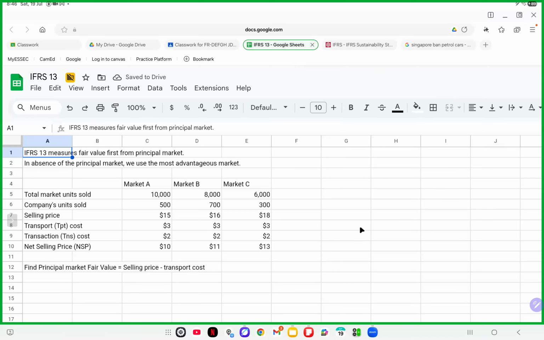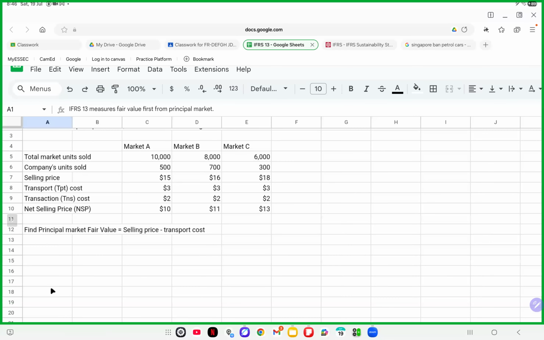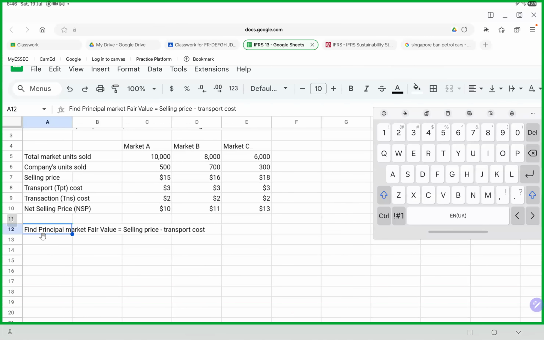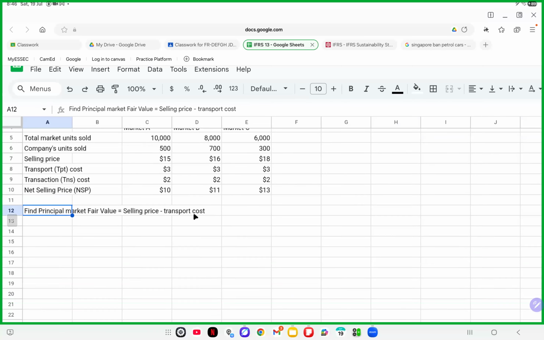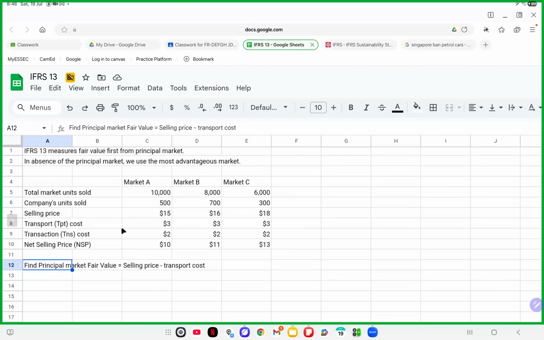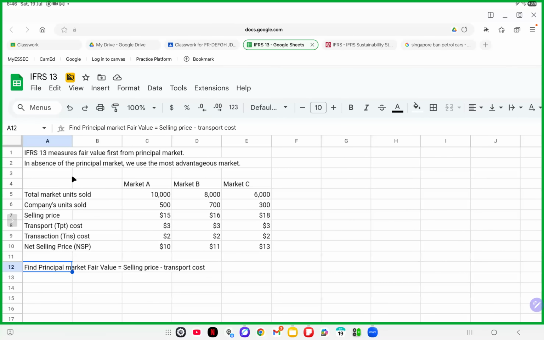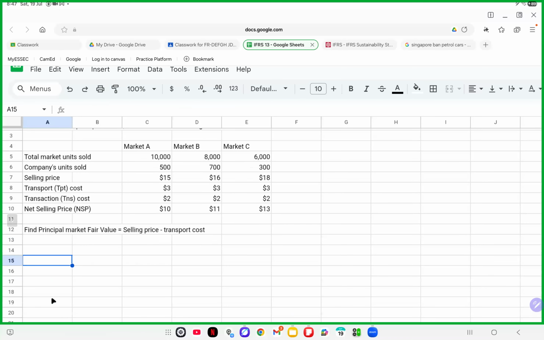Based on what you just learned with me, try to find which is the principal market, and then also try to find which is the most advantageous market. The principal market, selling price. Then after that, try and find one more.